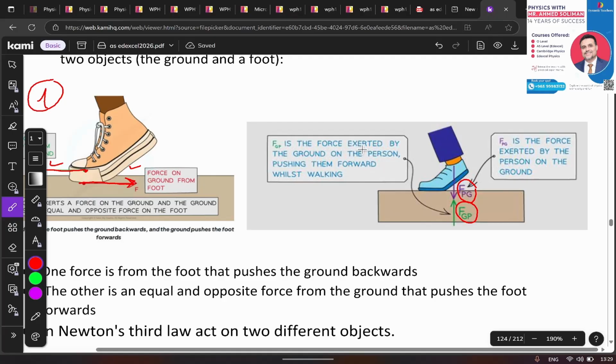FGP is the force exerted by the ground on the person, from ground to person, pushing them forward. This is because the person pushes the ground backward. So FPG is the force exerted by the person on the ground.